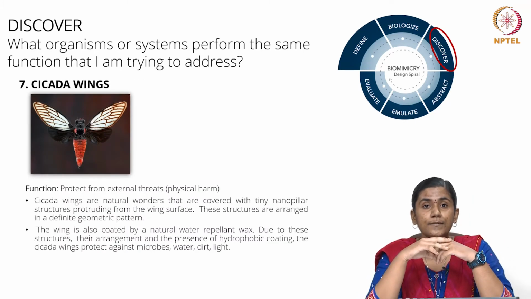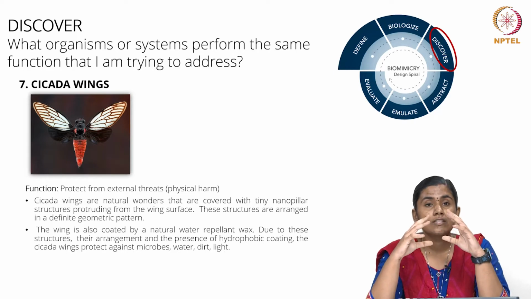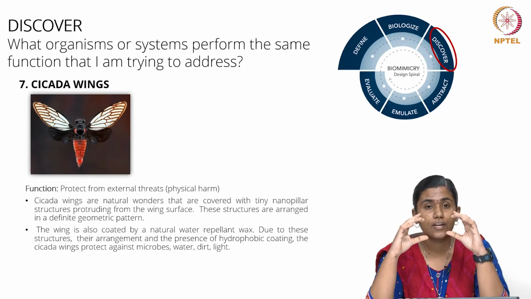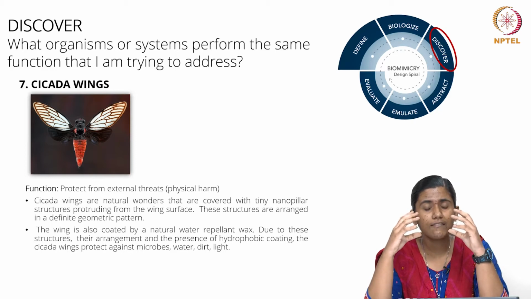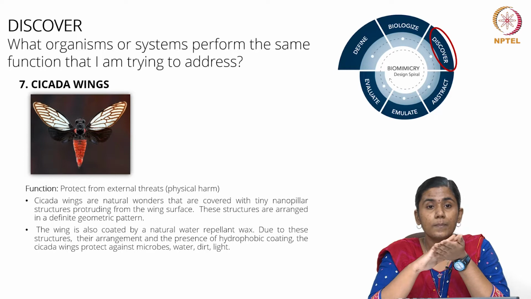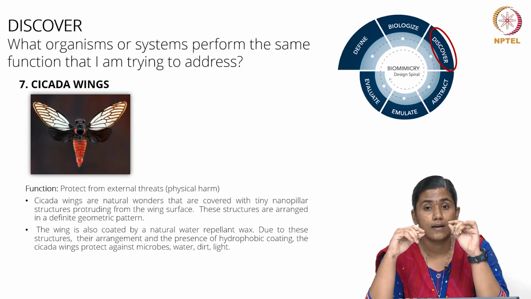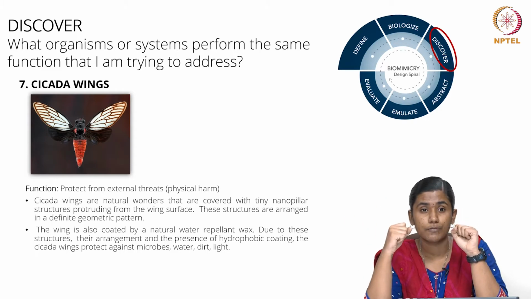And the last organism which I looked at was the wings of this insect called cicada. So these wings are phenomenal in nature. They have very unique properties: the wings are covered with tiny nanopillars, which help in preventing microbes from settling on the wings. So it's antimicrobial in nature.